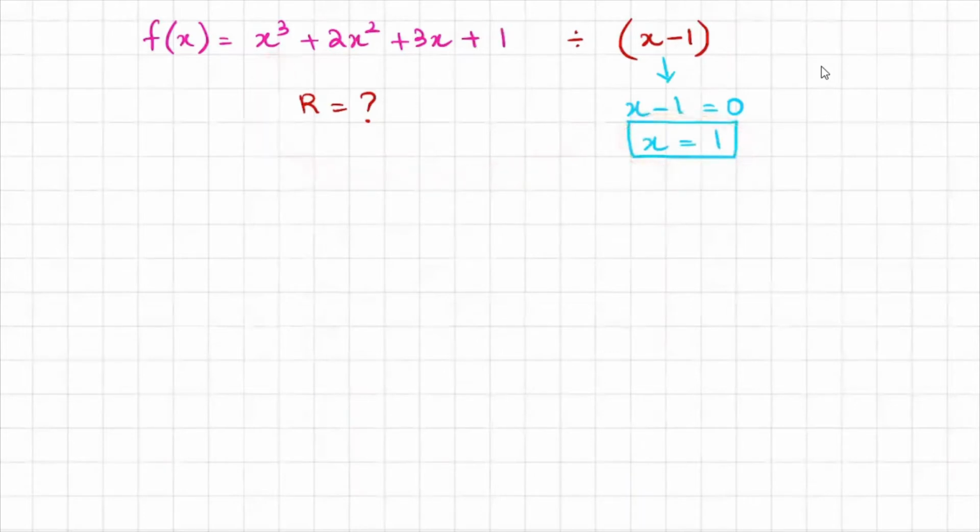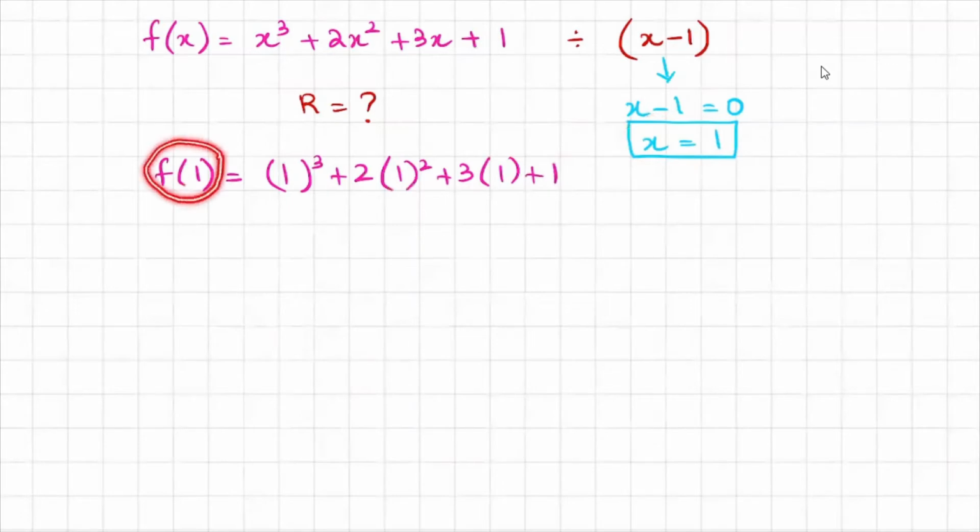Now I'm going to substitute this value in this equation. So f(1) equals (1) cubed, brackets are very important because you don't want to make any sign error, plus 2(1) squared plus 3(1) plus 1. Now I need to find the remainder, right? When you substitute 1 in this equation, you're calculating the remainder. So in place of this, I'm going to write r.